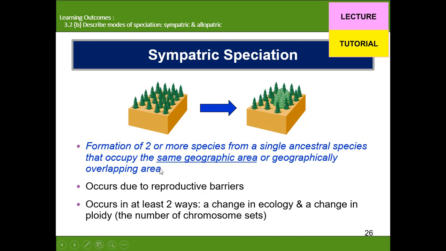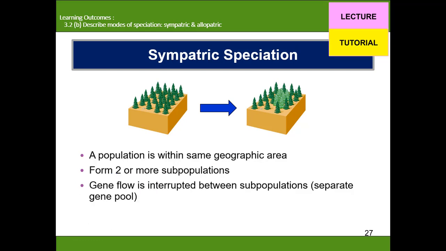The sympatric occurs due to reproductive barrier. It occurs in at least two ways: a change in ecology and a change in ploidy, the number of chromosome sets.